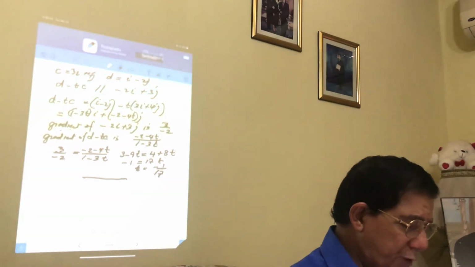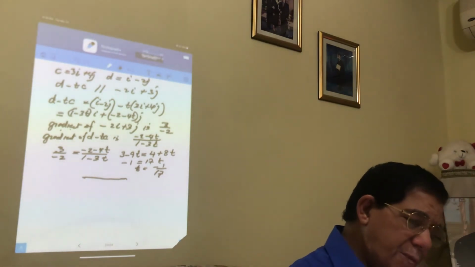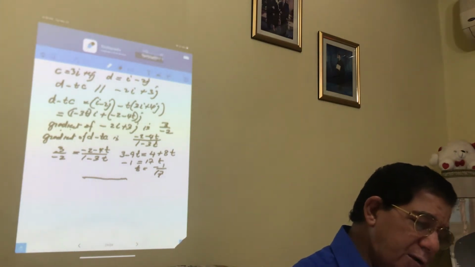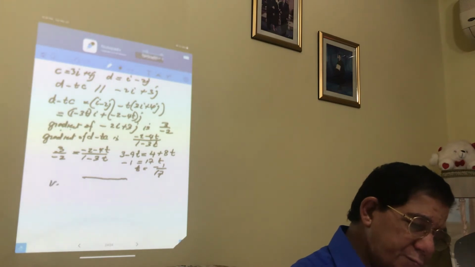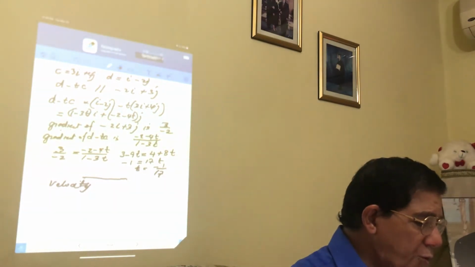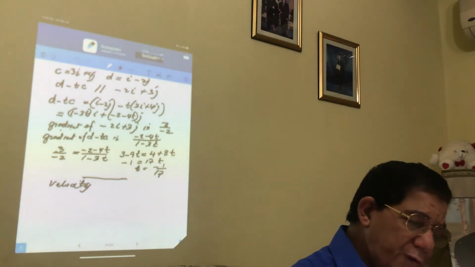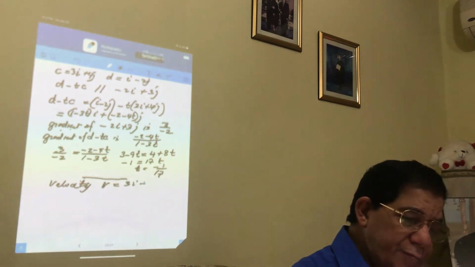One more thing is, if I have a vector representing velocity, say a vector v equal, for example, 3i plus 4j.